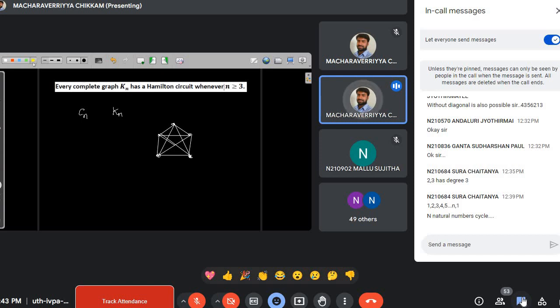Now the simplest Hamilton circuit you can see is 1 to this, and then to this, and then to this. That's it. So that is Cn. For every Kn, we can easily say that Cn is a Hamilton circuit. Cn itself is giving us that. There are some other Hamilton circuits also.